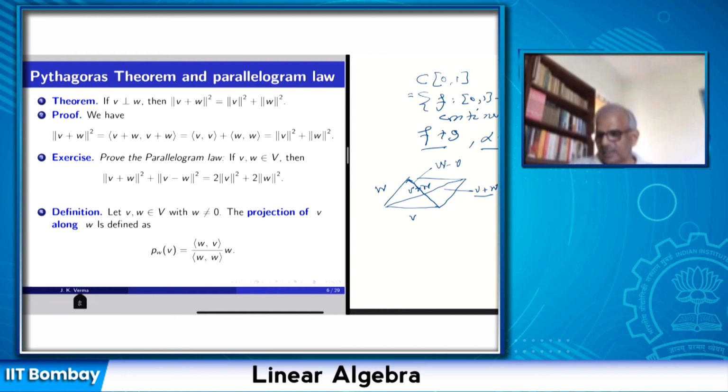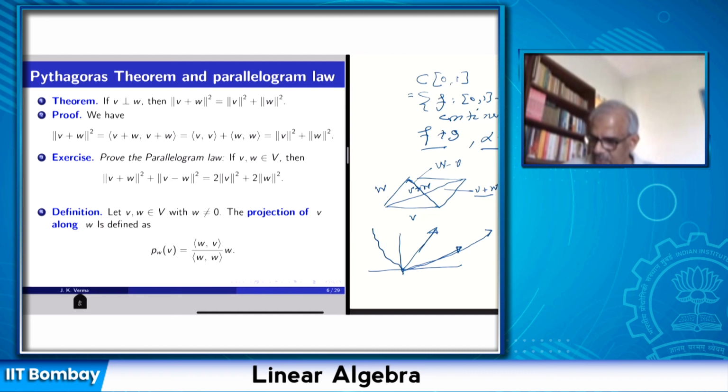Now, in the plane, in physics courses, you must have seen that if I have a force vector and I want to see its effect on a moving particle, suppose a particle is moving like this, then to see the effect of the force vector, I have to take a vector in the direction of the movement of the particle and a perpendicular vector.